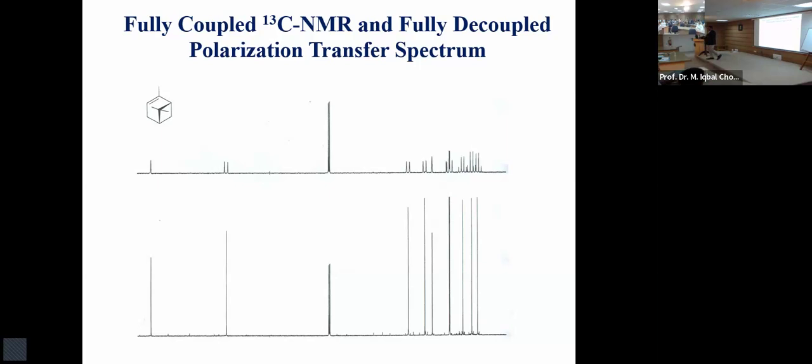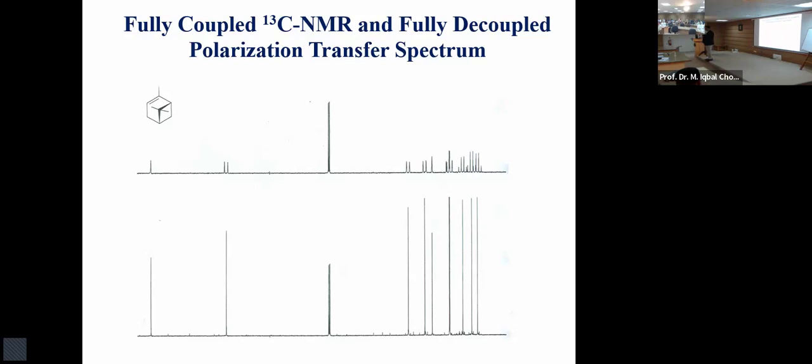I would like to ask you a question. See the signal which you're watching here, 1.1%, a very poor magnet, C13, is split because of the attached protons, right?